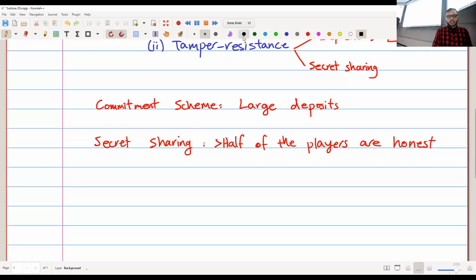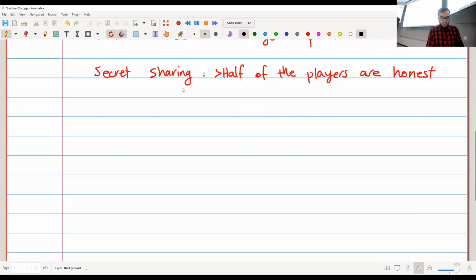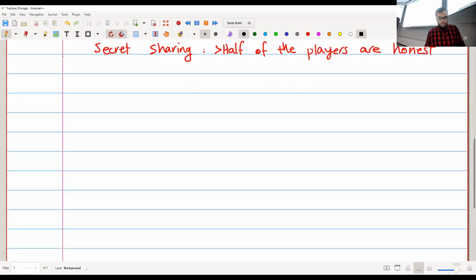But actually, in the last session, when we were talking about secret sharing, we also had two really great ideas. So let's talk about that. Let's talk about some positive stuff here. We had two great ideas. And these were the two great ideas.